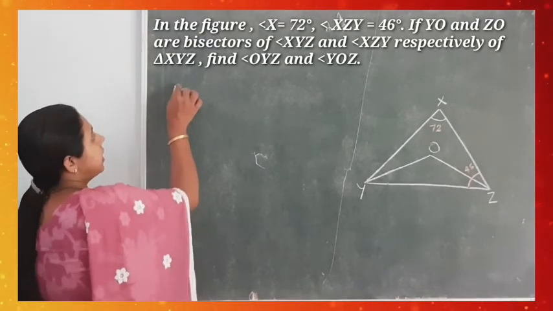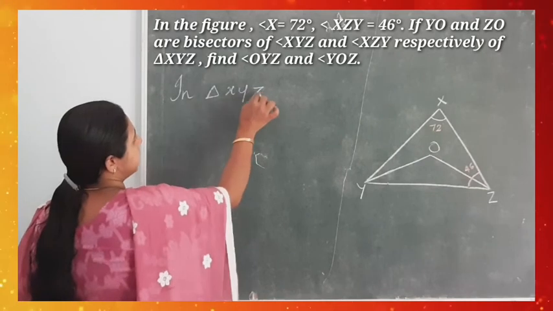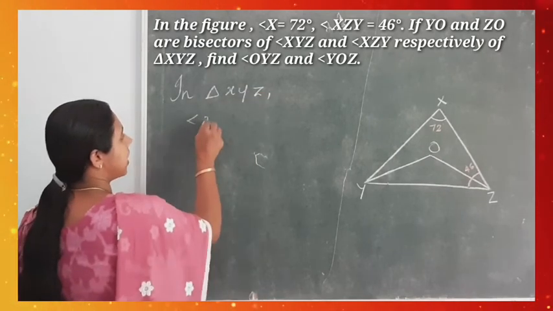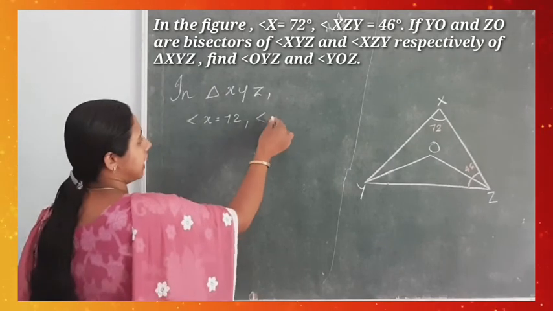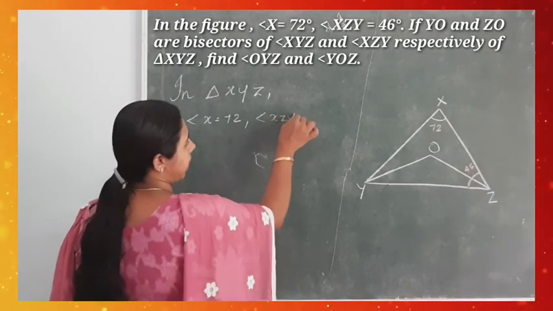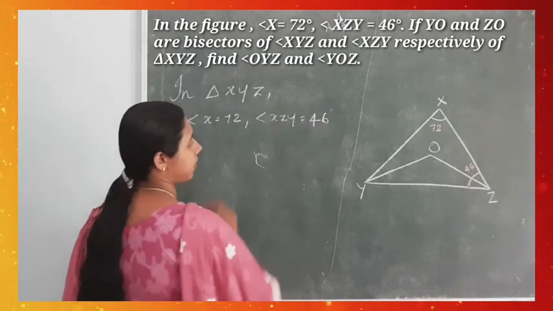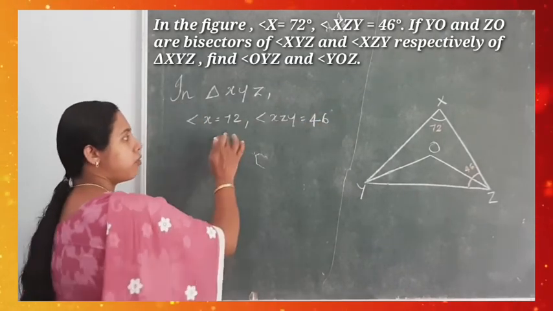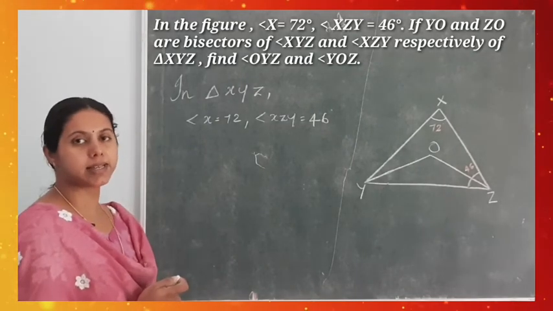So we can write in triangle XYZ, angle X is equal to 72 degrees, angle Z, that means angle XZY, equal to 46 degrees. If you know two of the angles, we can find the third angle using the angle sum property.